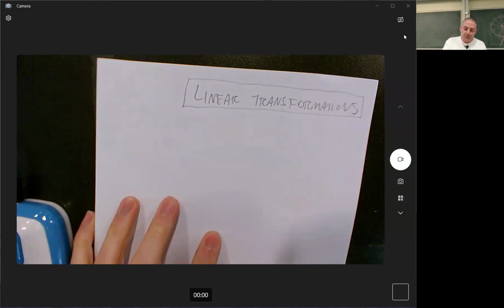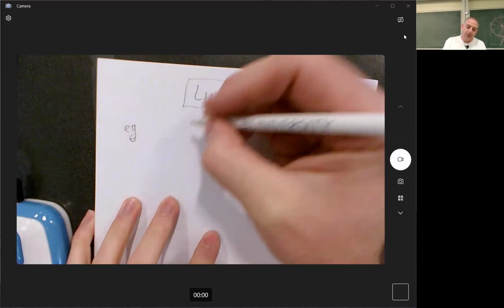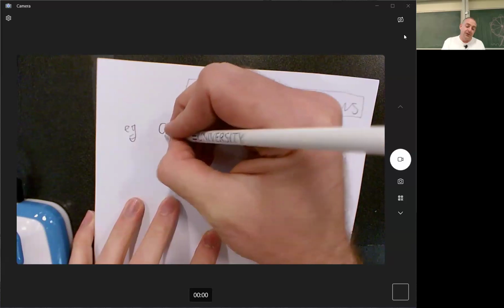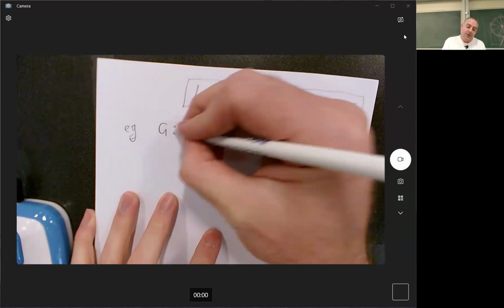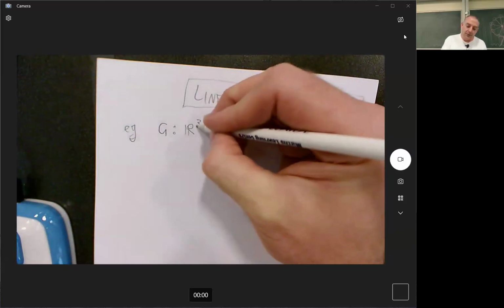Okay, so here's my problem. I'm going to call it G because that's fun. We're just going to do R3 to R3.